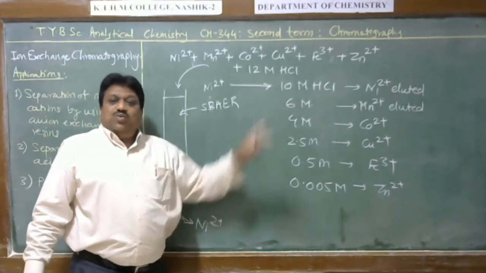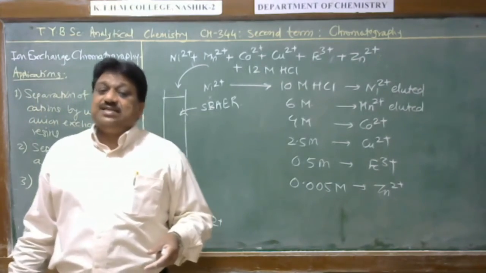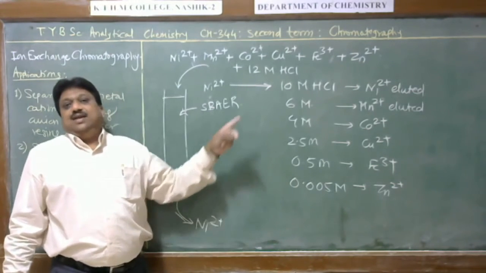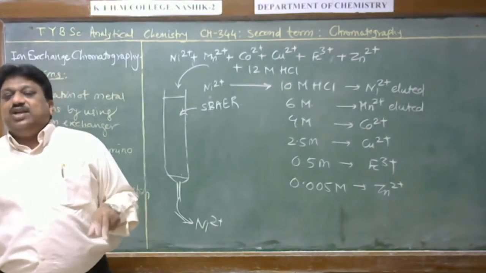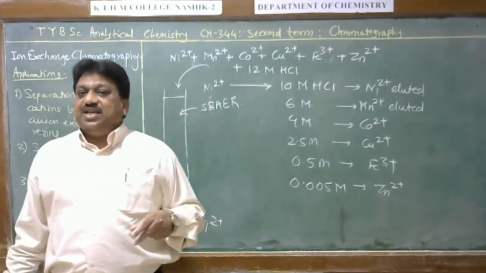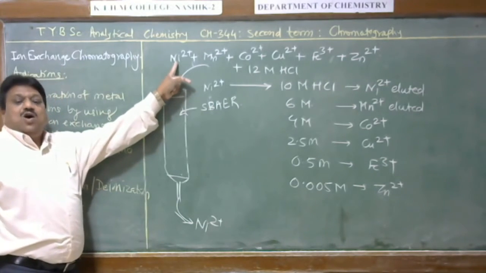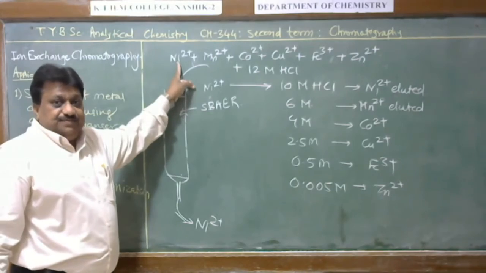Therefore, we have to disturb the stability of the chloro complex by changing the concentration of hydrochloric acid during the elution process. So the elution is carried out by decreasing the concentration of H+ ion. In this way, we can selectively separate all these ions by using an anion exchanger resin.